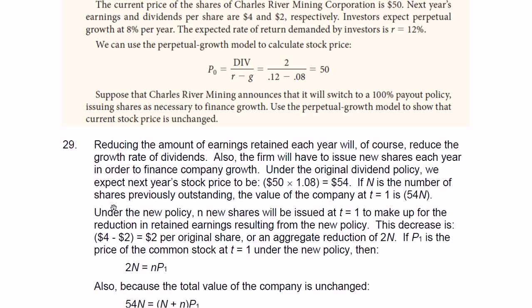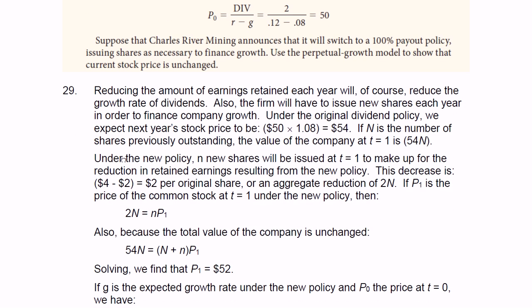If N is the number of shares previously outstanding, the value of the company is N multiplied by 54 per share. Under the new policy, however, n new shares will be issued to make up for the reduction in retained earnings resulting from the new policy.